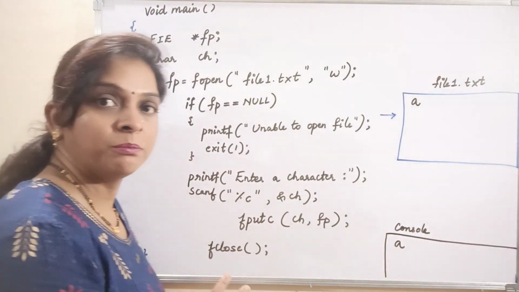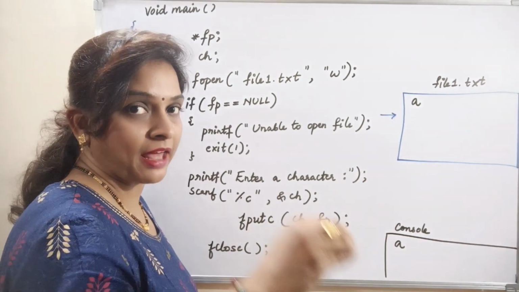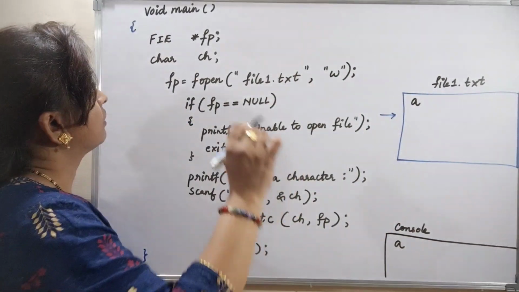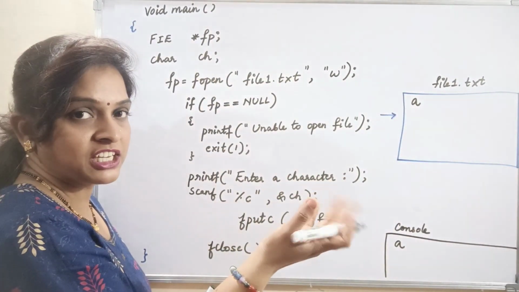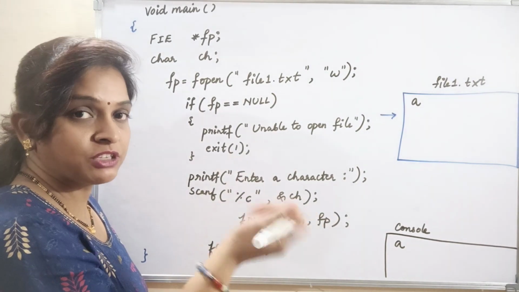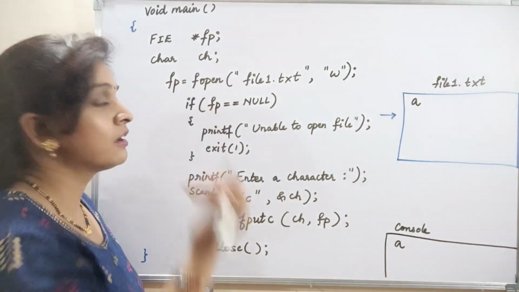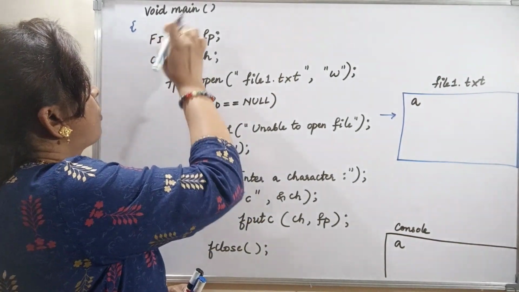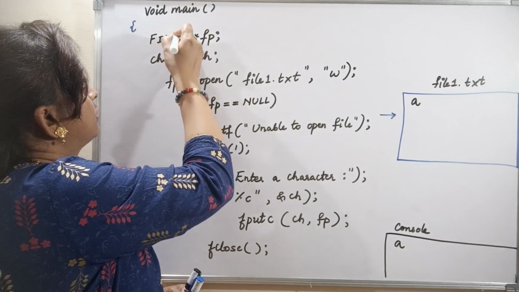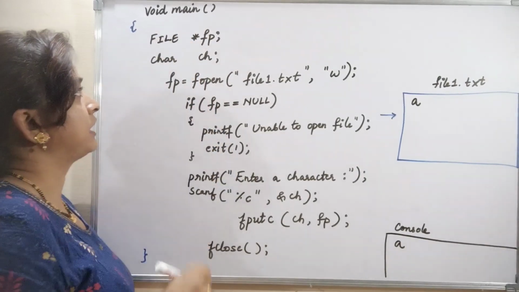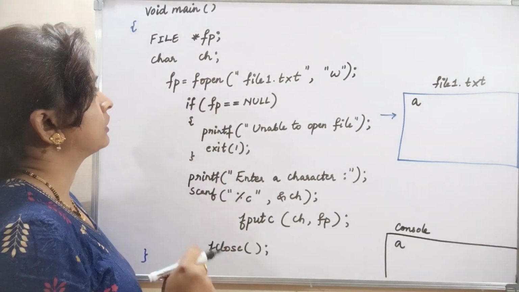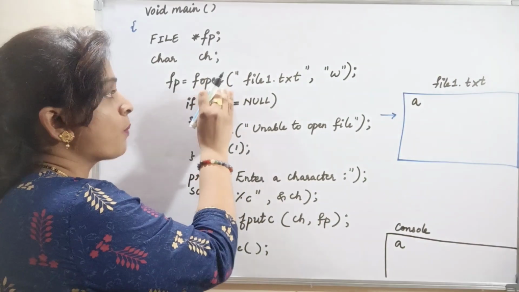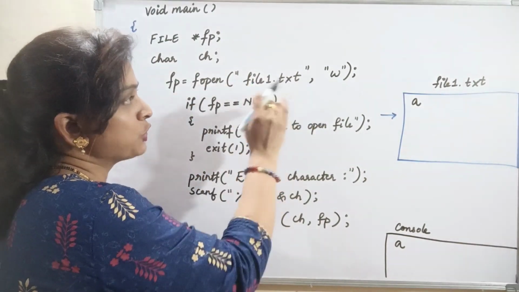So here we have the complete program to understand how to put a character from the program into a file. Here we include the header file stdio.h, because that is the header file with which we can get the definitions of the file operation functions. Now, first of all, we need to open the file with a file pointer. So it should be FILE in capital letters, the file pointer, and a single character variable. Then we need to open the file, say file1.txt.